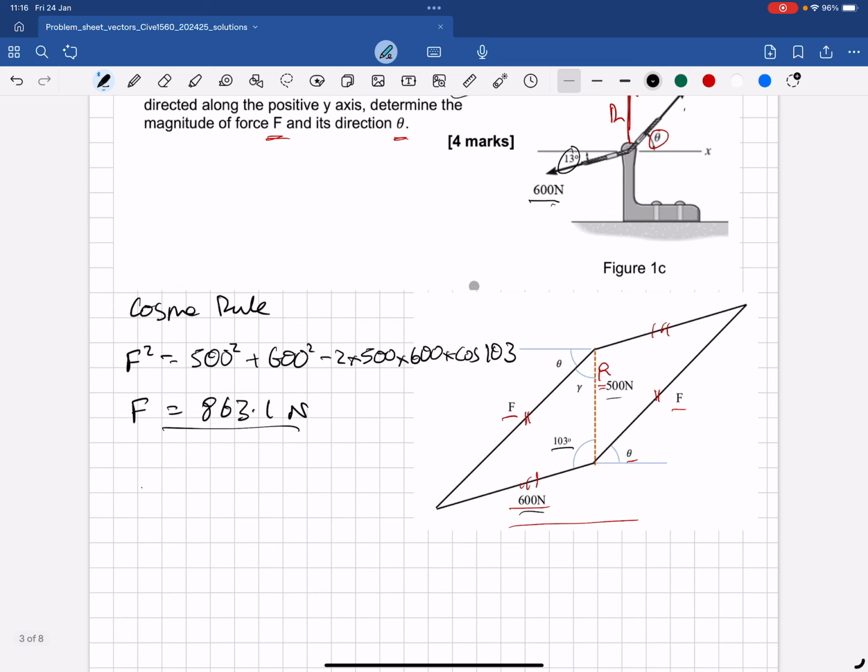From the sine rule, we can write, now I've got gamma in this triangle, so we're just using this triangle. We have 600 over sine gamma is equal to 863.1 over sine 100.